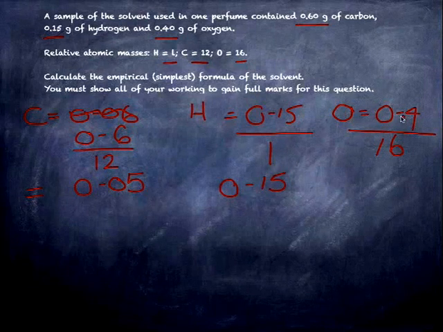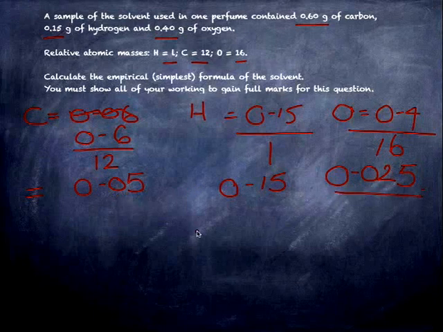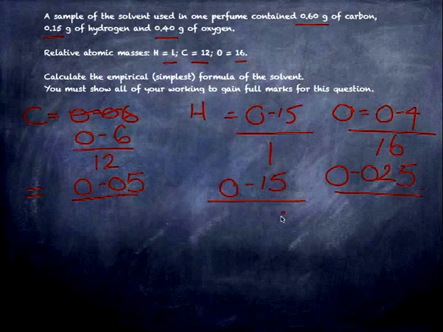And the 0.4 divided by the 16 works out at 0.025. Okay, so we have the smallest number here, and we've got to make sure that we do the appropriate divisions now.